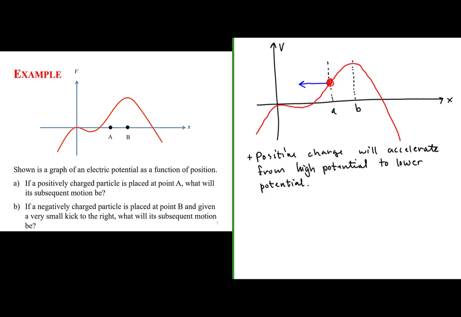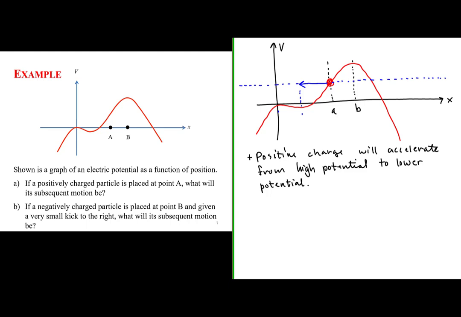So since our charge starts off with a certain positive value of electric potential, it'll accelerate to the left. When it gets in this region, as it gets to the bottom of this little valley, it'll slow down as it starts going back up until it reaches the origin, because now it's gaining electric potential.